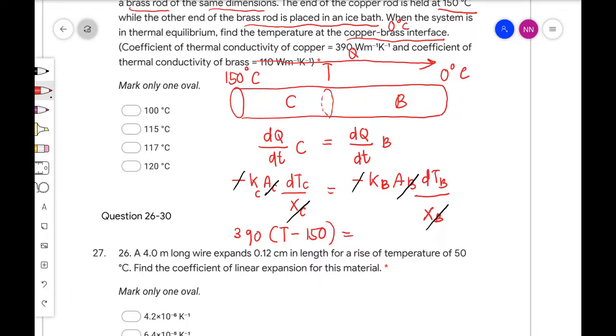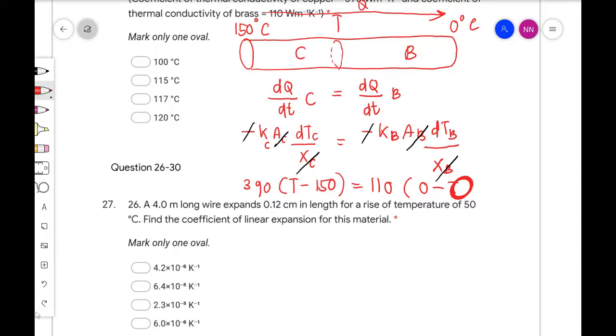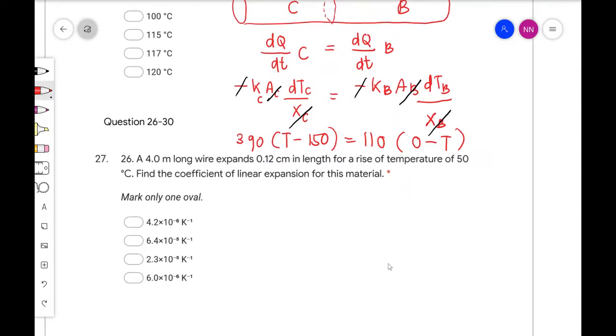Then substitute the thermal conductivity of brass, which is 110. The change of temperature for brass is 0 minus T. The rest is mathematics. You can find T. So T equals 117 degrees Celsius. So the answer is C.